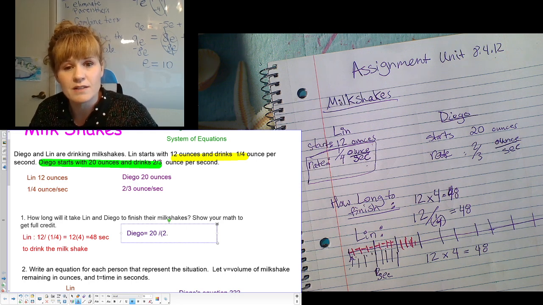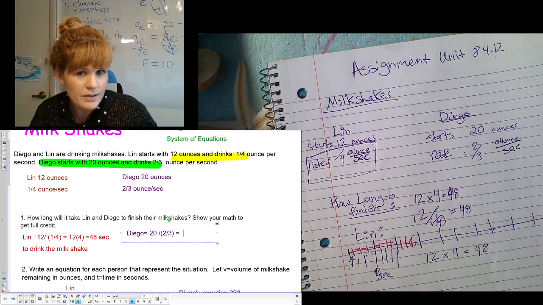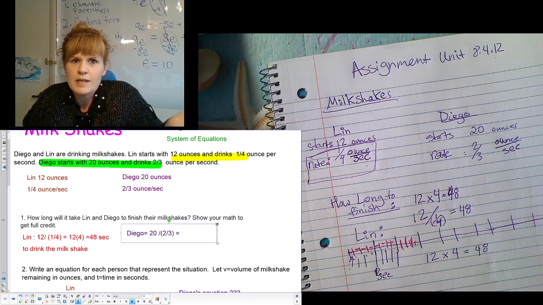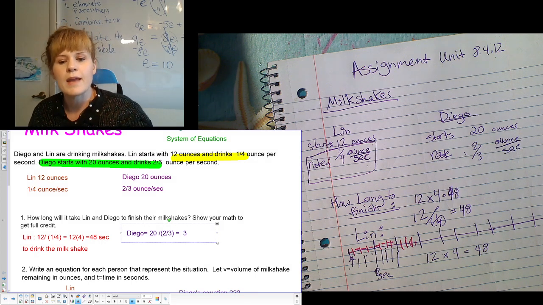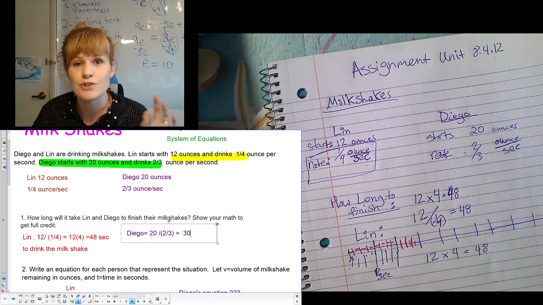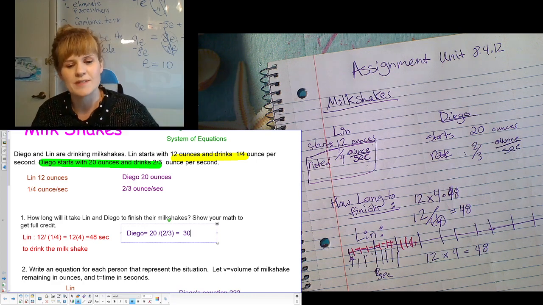Just divide it and you'll get that, 20 divided by 2/3. There are other ways to think about it, but I think that's the easiest. The answer is there's 30 2/3 in 20 ounces. So that's going to be 30 seconds.